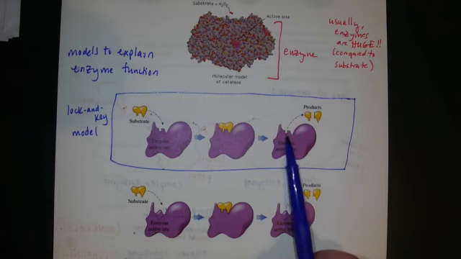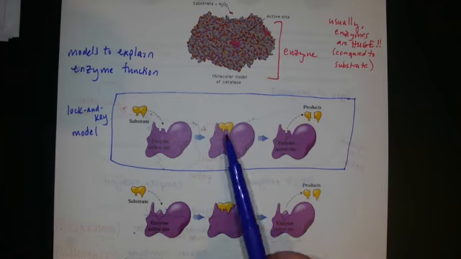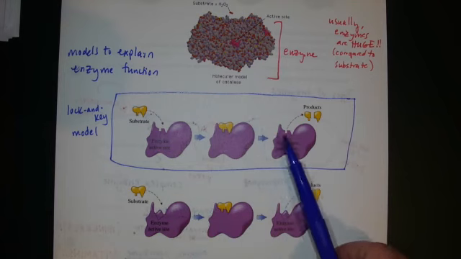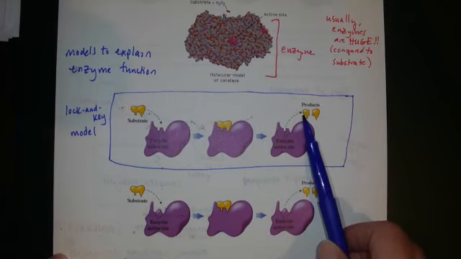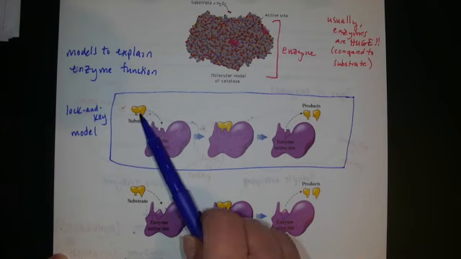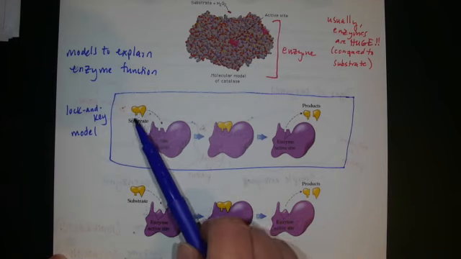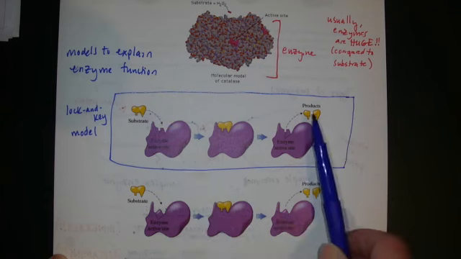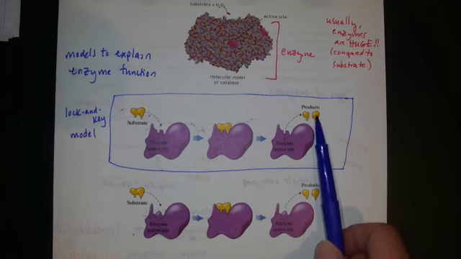When the reaction has completed, then the substrate separates from the enzyme and it's now in its products. It looks like this enzyme helped hydrolyze maybe this substrate. There used to be one larger molecule. After the reaction, there are two smaller molecules. Maybe this was a hydrolysis reaction.